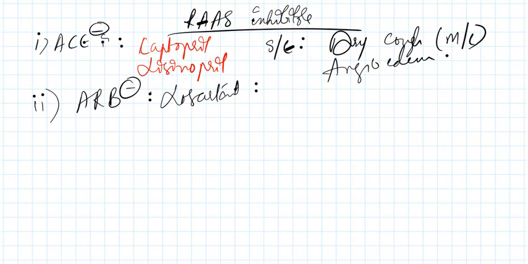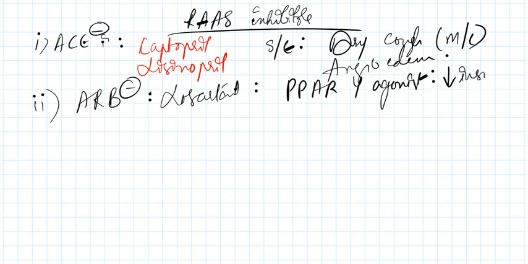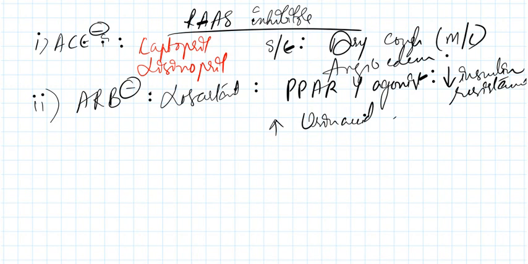It is a PPAR gamma agonist, which decreases insulin resistance. It increases uric acid excretion.